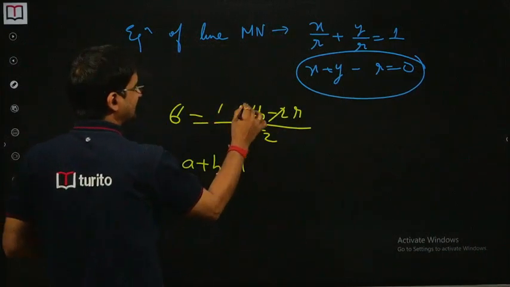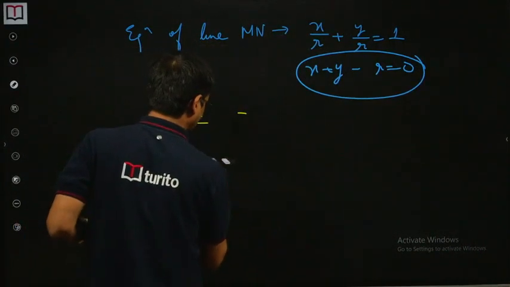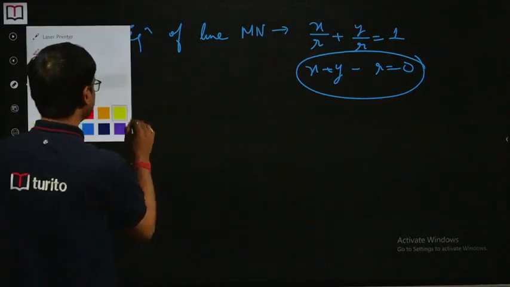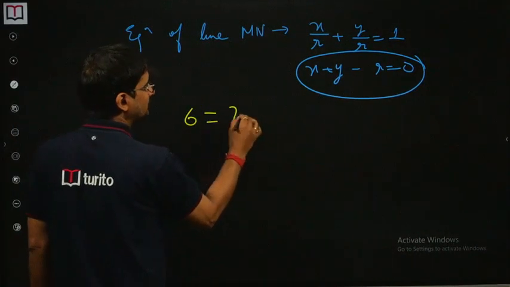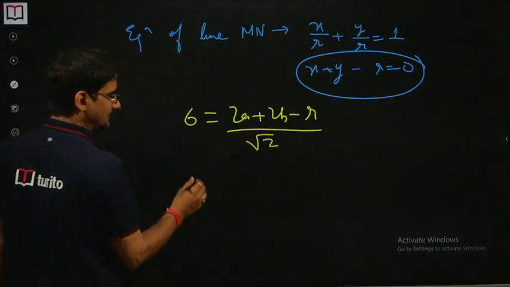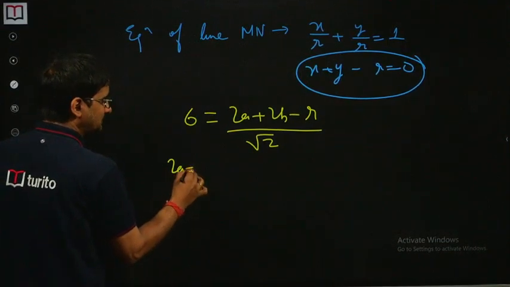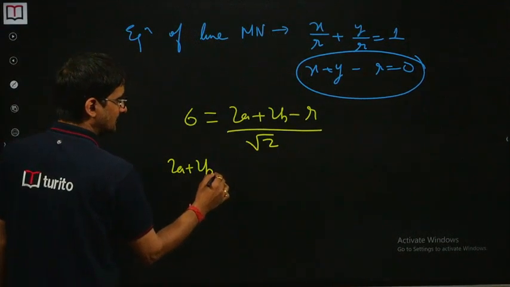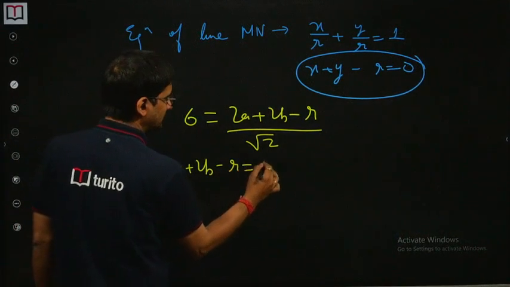So 6 is equal to (2a + 2b - r)/root 2. That's one relation. So 2a + 2b - r = 6 root 2.